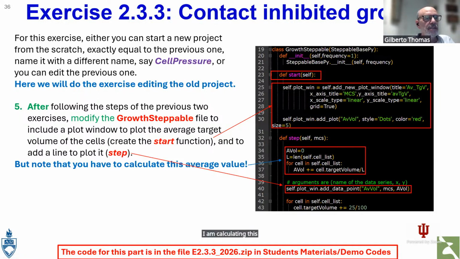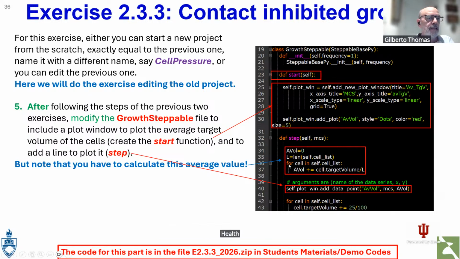Look, it's quite simple. In line 34 here, I define the average value and set it to 0. And in the variable L, I put the length of the cell list. The length of the cell list gives you the number of cells that your blob has.